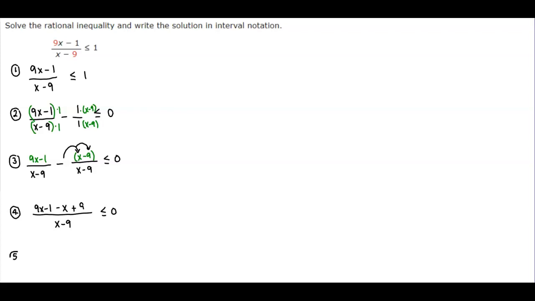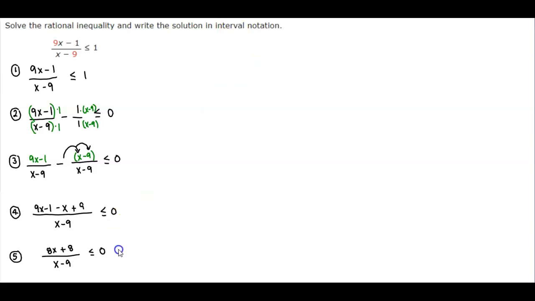So now we end up getting 9x minus x, which is 8x, and that's minus 1 plus 9, which is plus 8, all over x minus 9, which is less than or equal to 0.